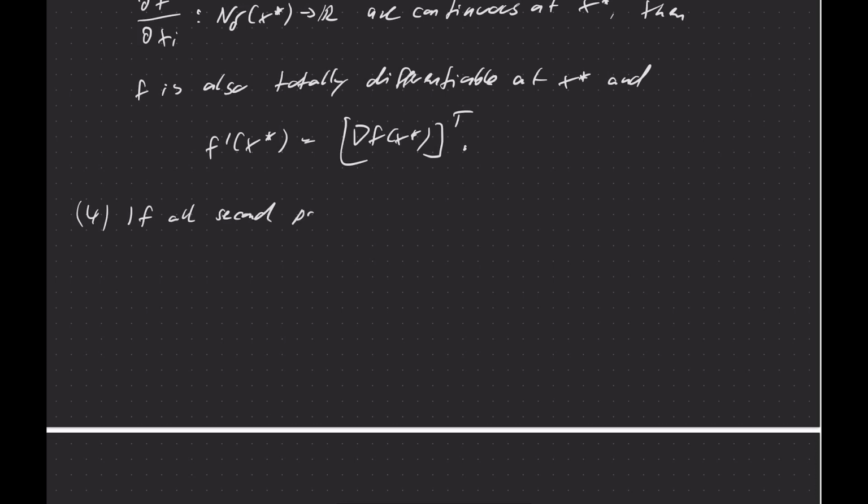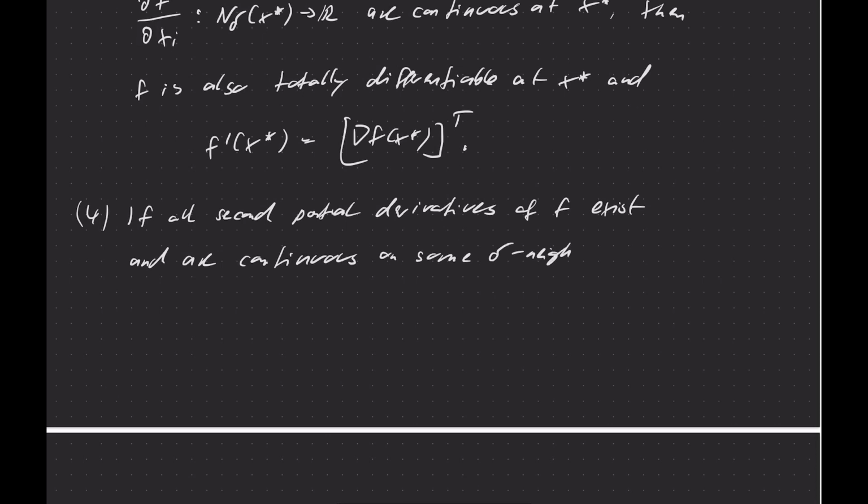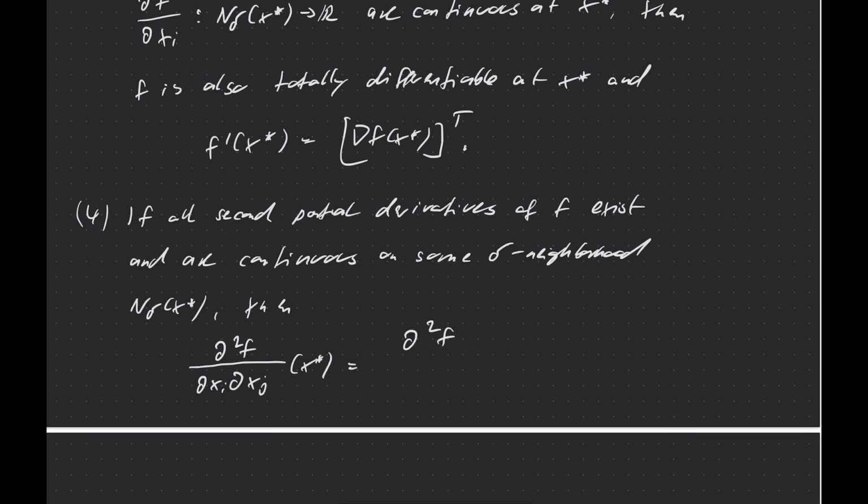If all second partial derivatives of f exist and are continuous on some delta neighborhood again, delta of x star, then if we take the second partial derivative with respect to xi and xj, dxi, dxj, at x star, that is then equal to the second partial derivative with respect to dxj, dxi at x star.